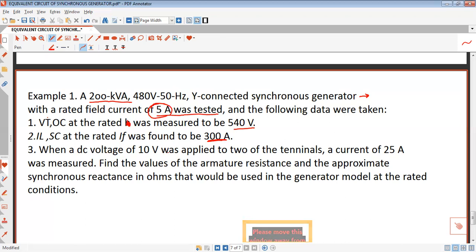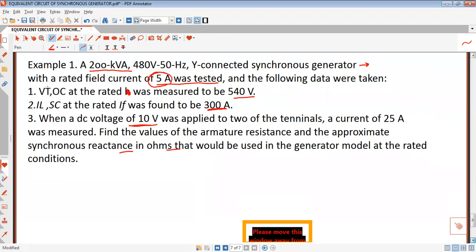When a DC voltage of 10 volt was applied to two of the terminals, a current of 25 ampere was measured. Find the armature resistance and the approximate synchronous reactance in ohm that would be used in the generator model at the rated condition.